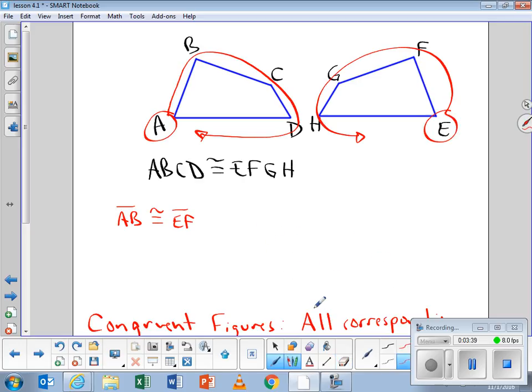What segment corresponds with segment AD? EH. Okay? Segment EH corresponds to segment AD. Okay?